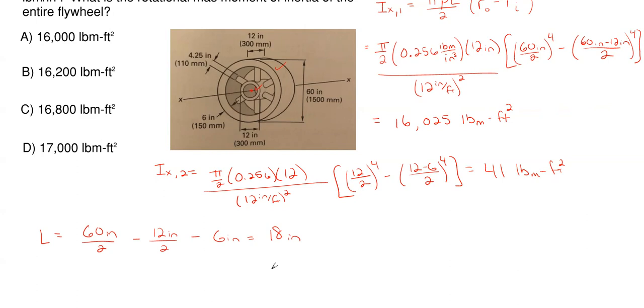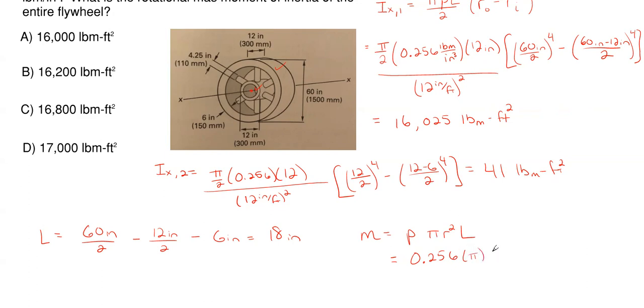All right. Now we also have to determine the mass of the spoke, which our mass will be rho times pi r squared for our area times our length here. So rho is still going to be the same. It's still going to be 2.56, and that will be pound mass per inches cubed times pi.